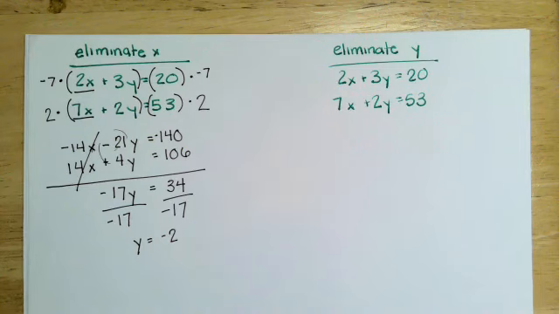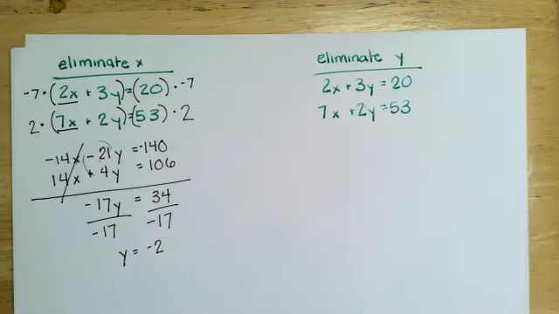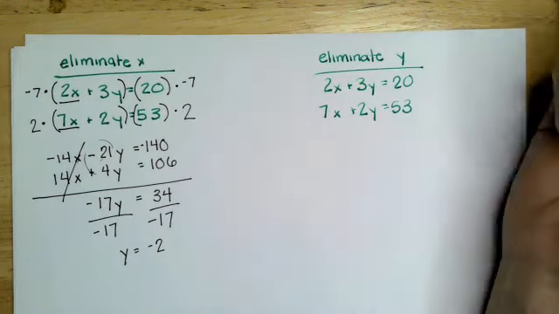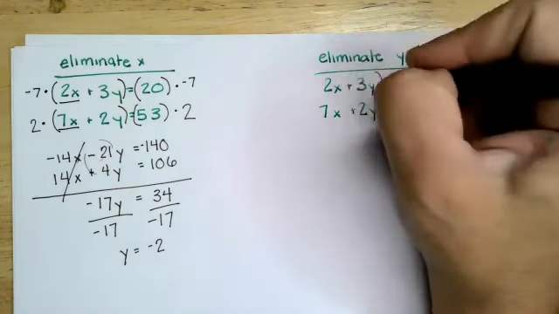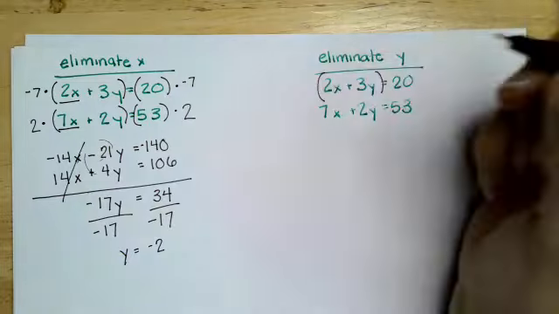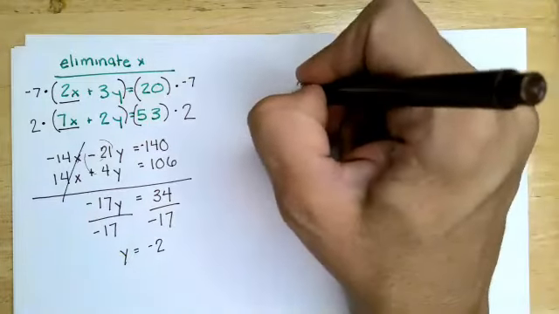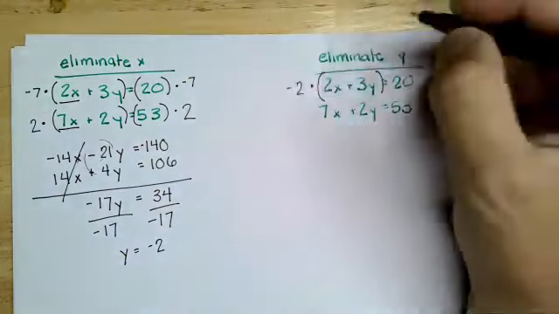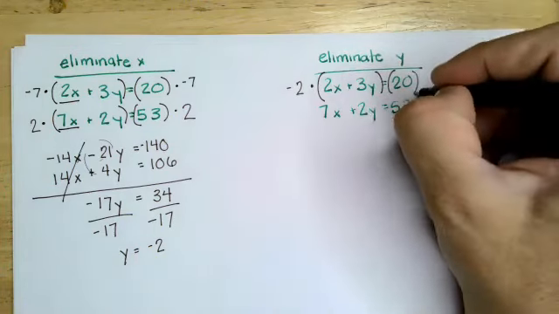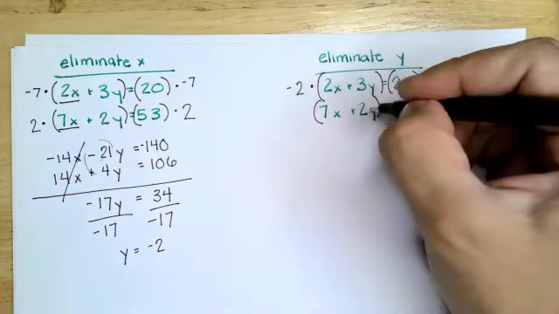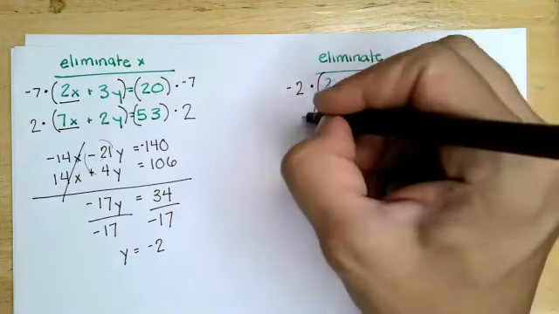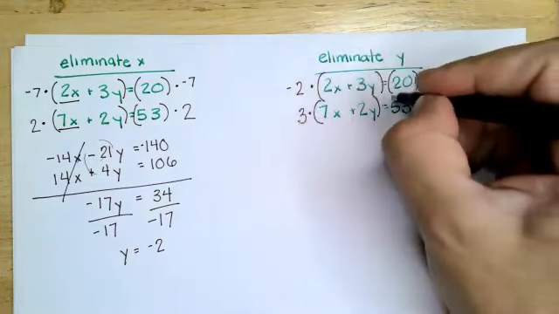Here I'm going to eliminate y. One y is a positive 3, the other y is a positive 2. So we have to use the number 6. To get to 6, I need to multiply by 2, and I'll just make it a negative 2 because one needs to be negative. Down here, to get a 6 of 2y, I need to multiply by 3.